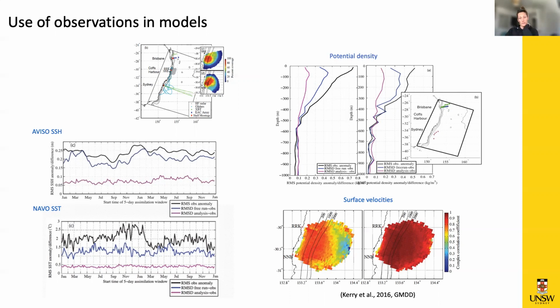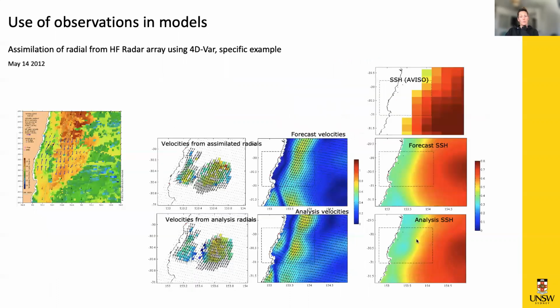For surface velocities, these are the complex correlations under the HF radar footprint for the free run and the analysis. An example of the simulation of the HF radars for a specific case is shown here. So we can see that in the forecast, we have a southward flowing EAC with no recirculation inshore of the EAC.